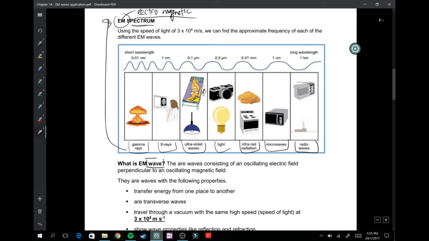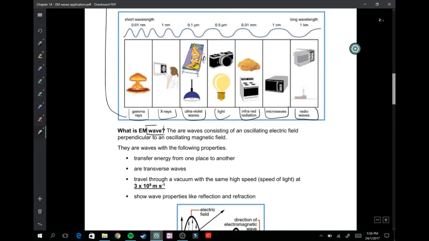The word spectrum means a variety, a range, say starting from gamma ray all the way to radio waves. Including these two, there are still another 5 in between.